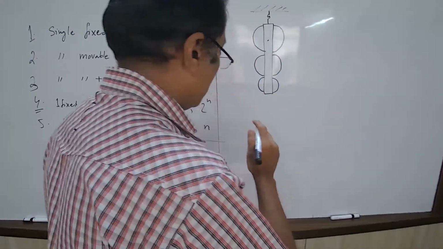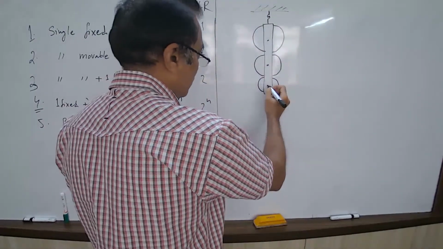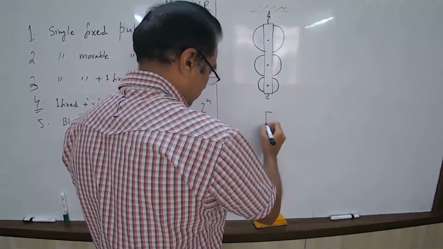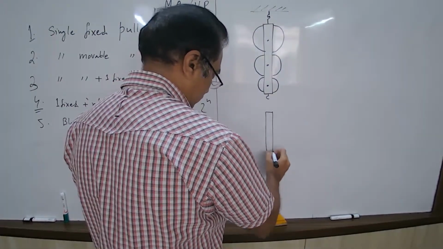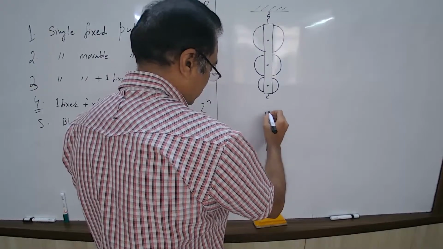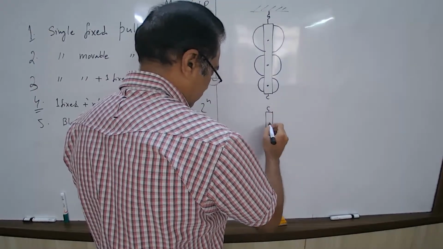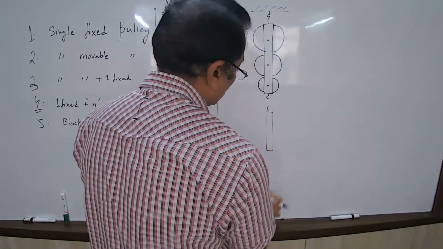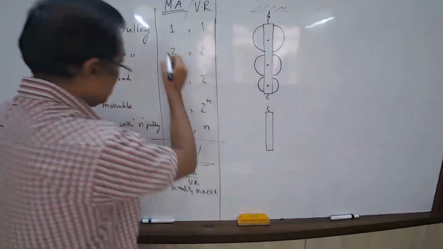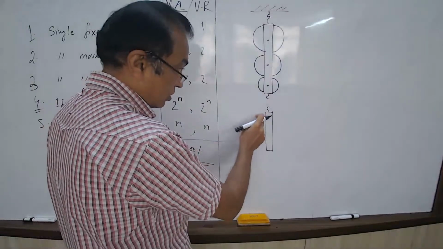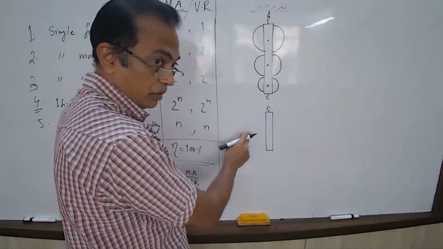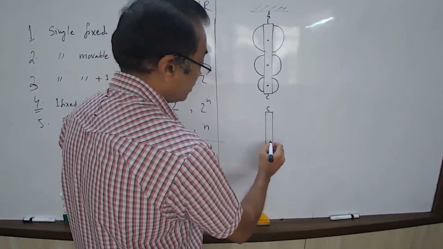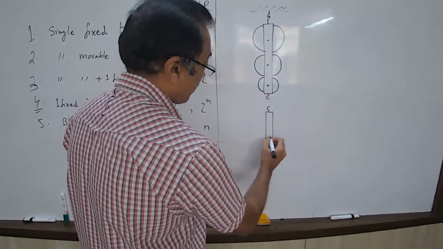Okay, so let's see for a block and tackle system why it is so. Because in all these cases we assume that the lower block has no weight. We assume the lower block is massless. But in reality, that's never the case.